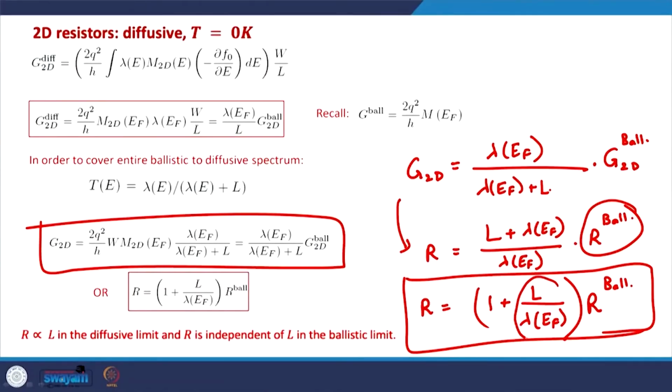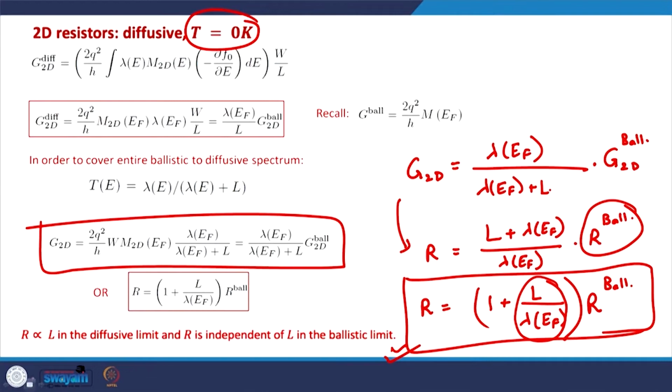As we go deep into the diffusive limit, as we make the conductor large enough, this term dominates and resistance becomes directly proportional to the length of the conductor, as is the case in conventional transport theory with which we began our discussion.